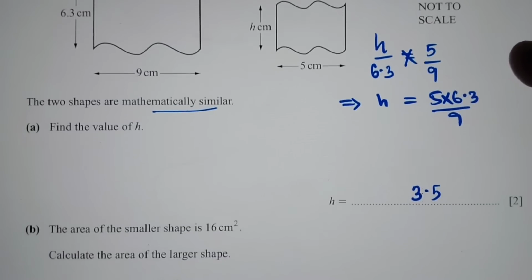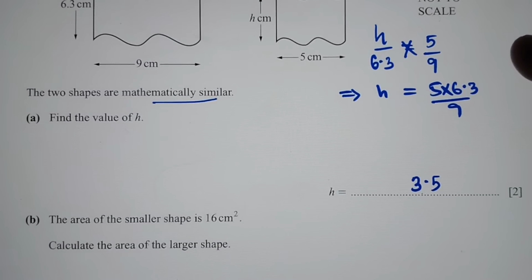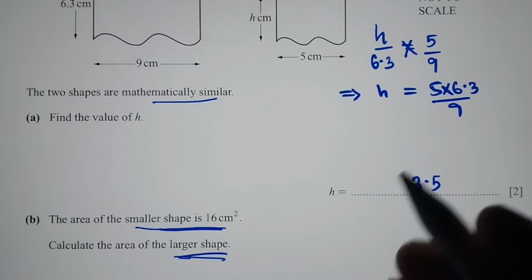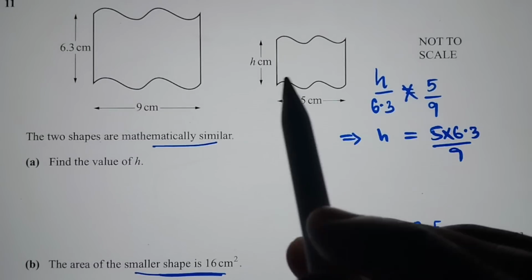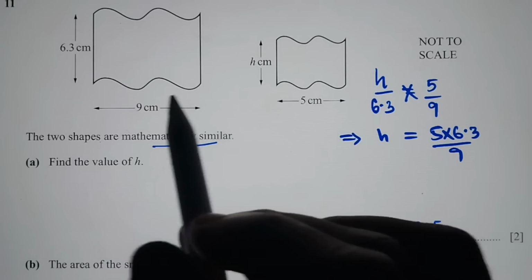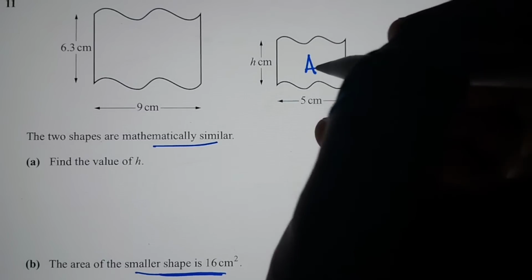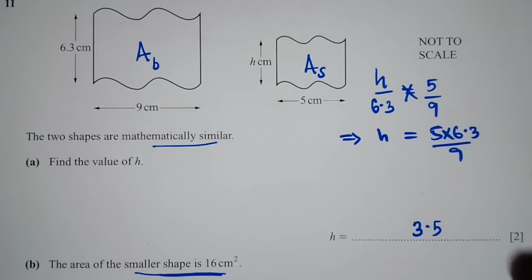The second part of the question says that we should calculate the area of the larger shape given the area of the smaller shape. So there is a formula connecting the corresponding sides to the area of the shapes. Let's call this the area of the smaller shape, AS, and then the area of the bigger shape, AB.